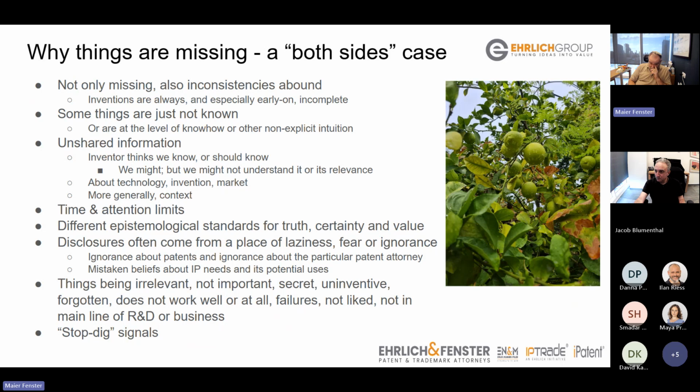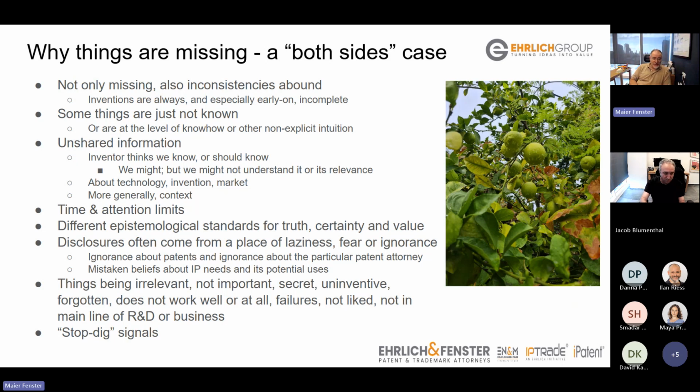So I guess one of the questions we have to ask is why are details missing? And it's one of those, both sides are at fault, both the patent attorney and the inventor. And I want to make it clear that even if everybody was perfect, information is not only missing, it's also inconsistent.